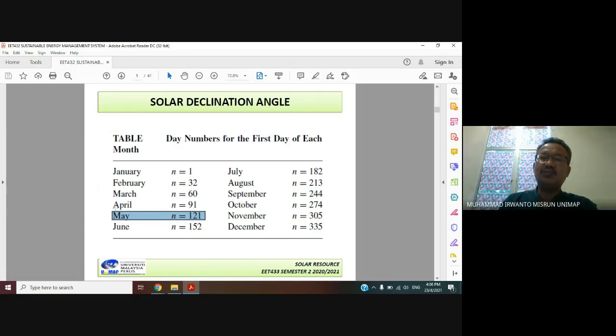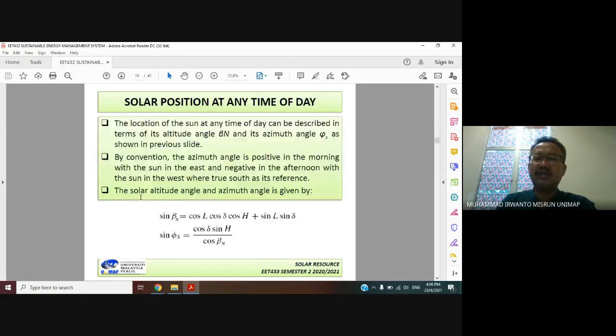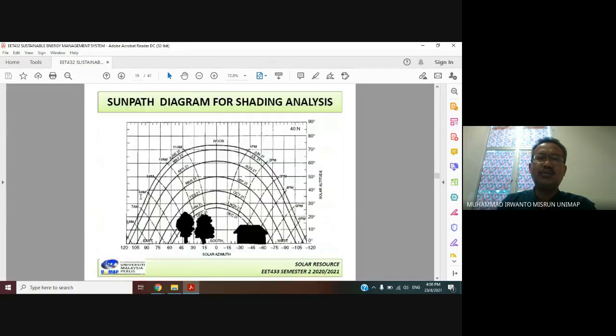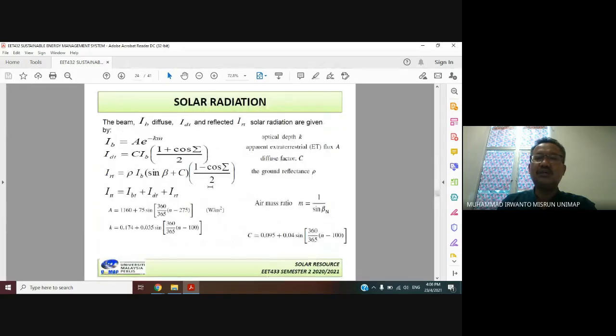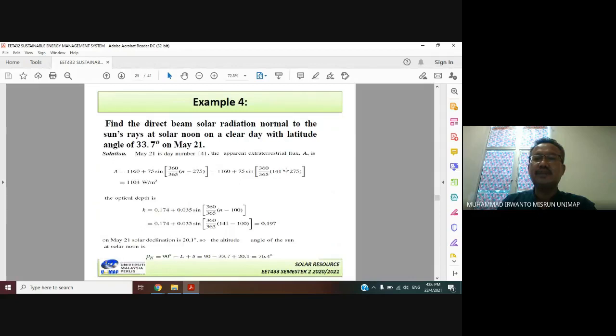Meaning the number of days, or Julian day, is 141. So we obtain the value of A as 1104 watt per meter squared.